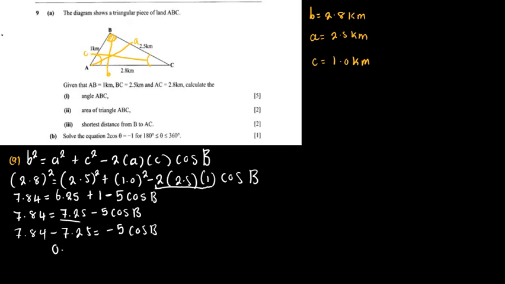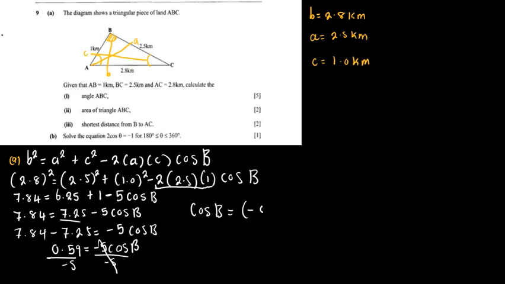We are getting 0.59 equal to, this is 5 cosine B. So from here, we can say over 5 over 5. So cosine B is going to equal 0.59 divided by 5.